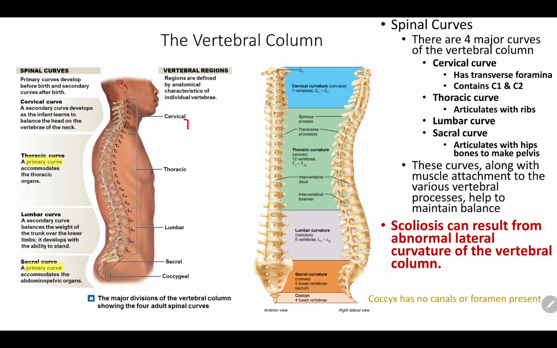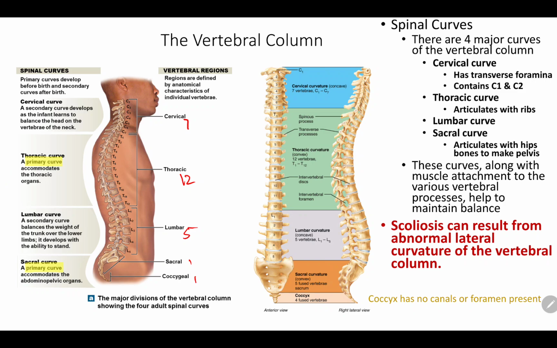So 7 cervical spine, 12 thoracic, 5 lumbar, and we have 1 sacrum and 1 coccyx. The sacrum is like 4 or 5 fused bones all into one, still making up one bone. And then the coccyx is like 4 fused bones together, still making up one bone. So remember those.